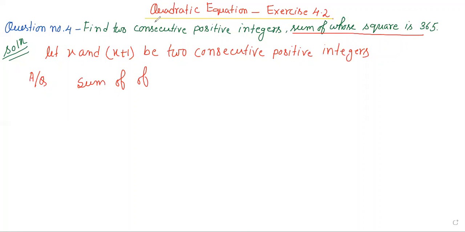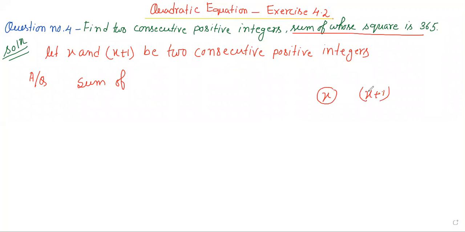What is the meaning of the sum of whose squares? That means the sum of squares. Suppose x is one integer and there is another integer, x plus 1.